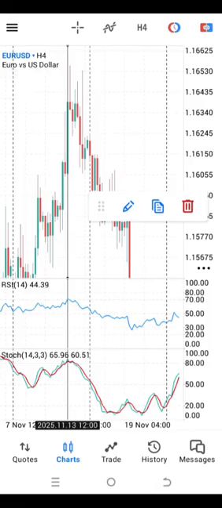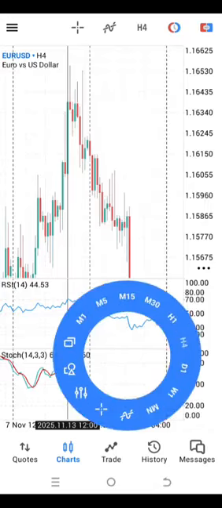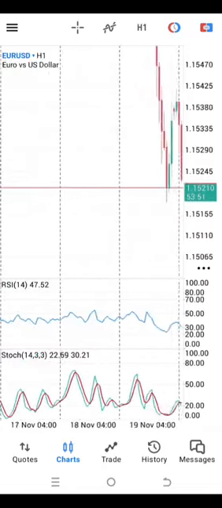Please write this down. I'm looking for a sell setup, so the RSI has to get to above level 70. As soon as that is done, the next thing you should look out for is that the stochastic oscillator is also above level 80. Once that is clocked in, the next thing we do is go to the H1 time frame.